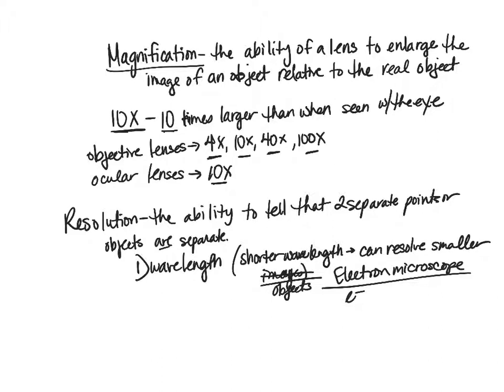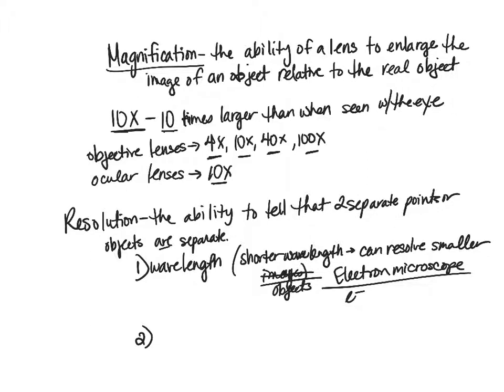And since they have a short wavelength, we get very, very good resolution with our electron beams in our electron microscope. Compared to our bright field microscopes, which are our typical laboratory light microscopes, where the wavelength is much longer than the electron wavelength, and so we don't get as great of a resolution from our bright field microscopes as we would with an electron microscope.